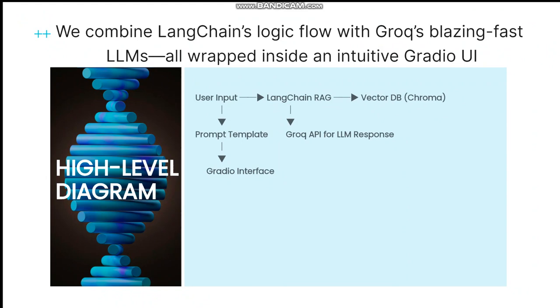These symptoms are passed to LangChain retrieval augmented generation, which is RAG. LangChain queries the vector database where all the medical knowledge is embedded. A prompt template then structures this retrieved information to be processed by the Groq API, which interfaces with the LLM. Finally, the LLM generates a human readable response that is displayed back on the Gradio UI.